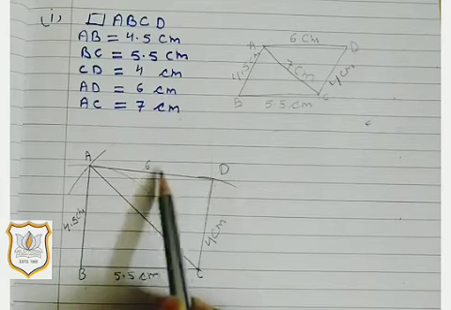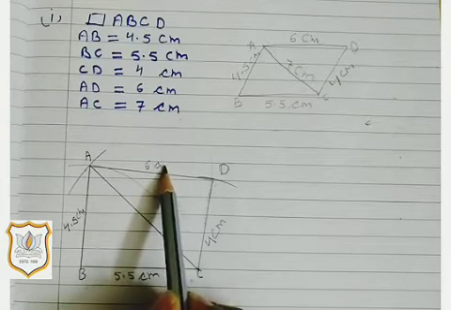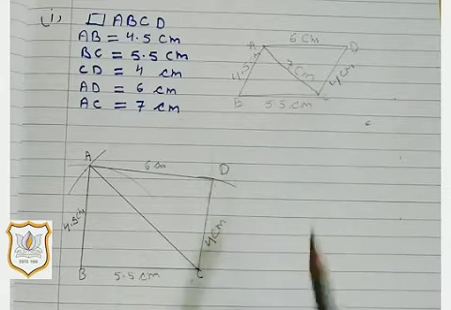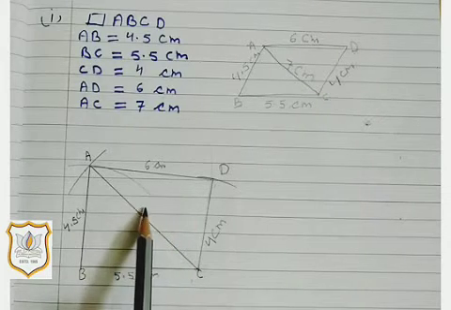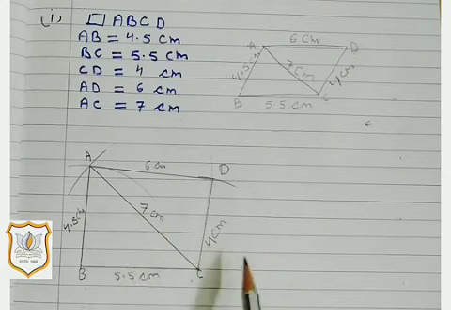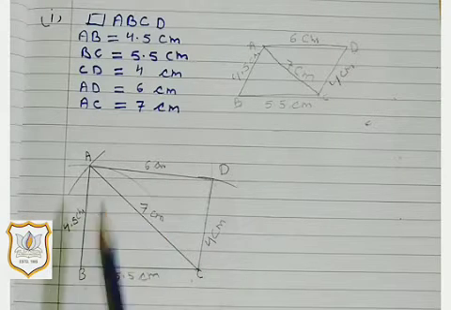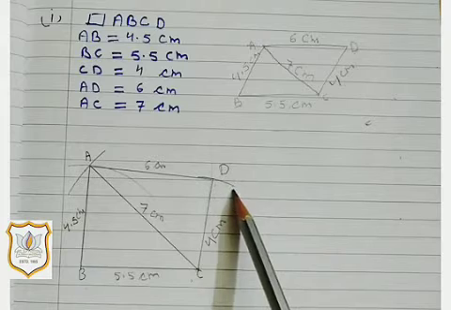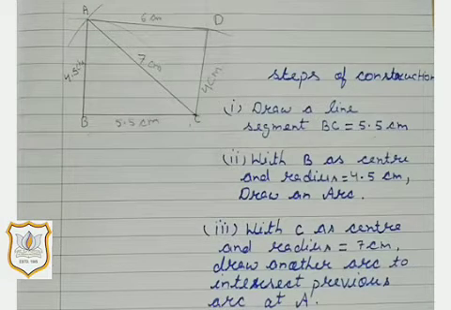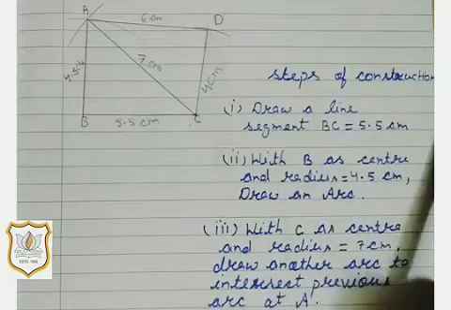So we write 6 centimeter here. And AC is the diagonal and AC is 7 centimeter. So we write 7 centimeter here. This is quadrilateral ABCD. Now you have to write the steps of construction.